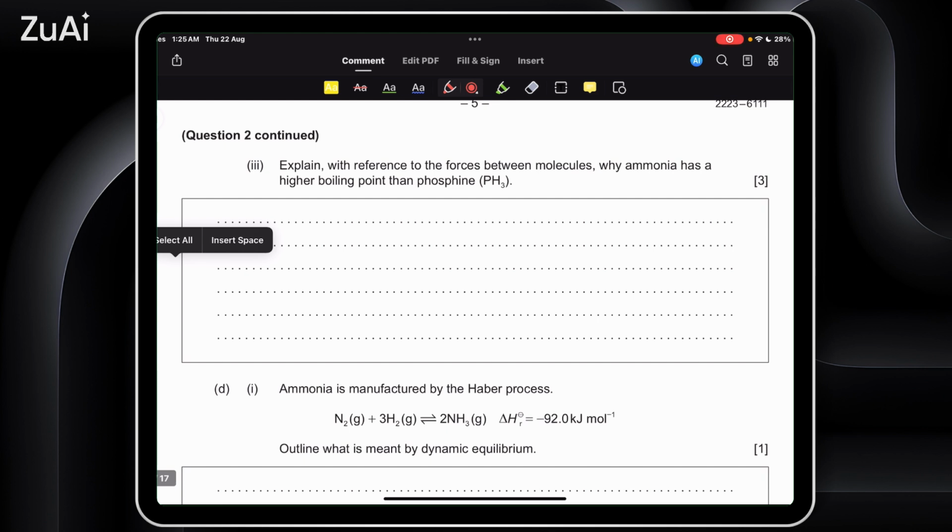Explain with reference to forces between molecules why ammonia has a higher boiling point. Because ammonia has hydrogen bonds and phosphine has only the permanent dipole force.